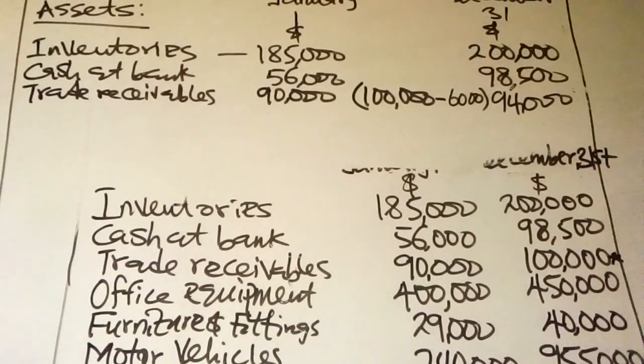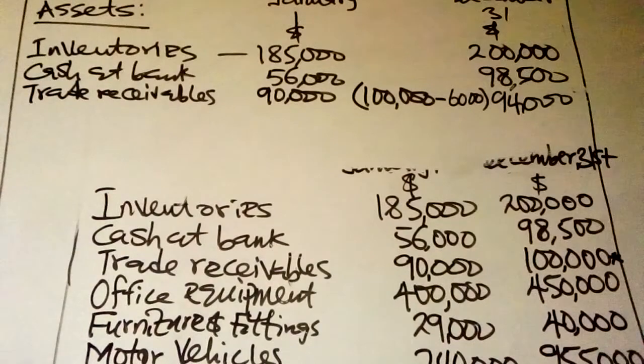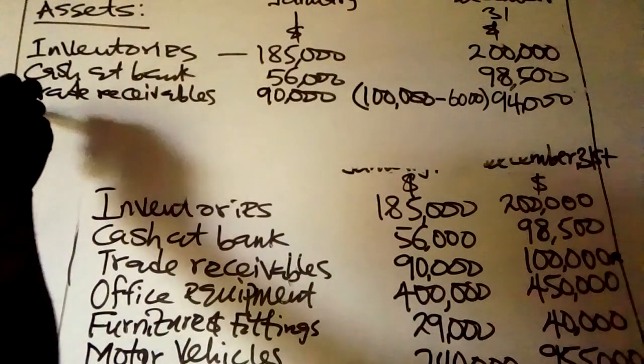Then we have office equipment. We are not using the order of permanency. This is not a conventional statement of financial position. If it is, you start with the non-current assets first, followed by current assets. You may still start with the non-current assets before the current assets, but just pick all the assets. That is what is important.